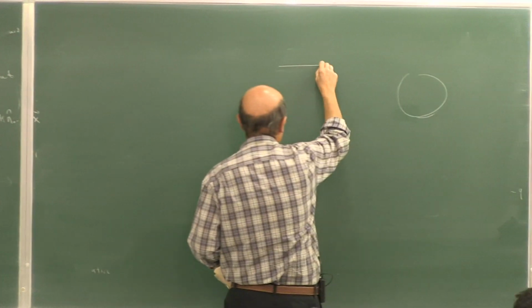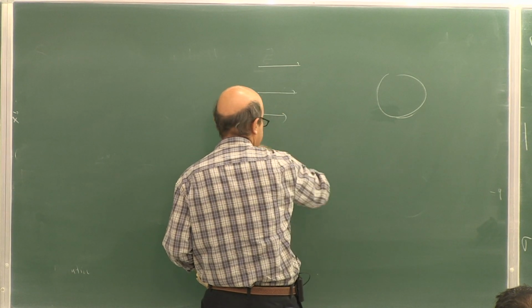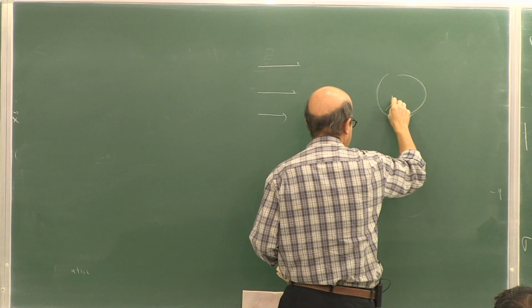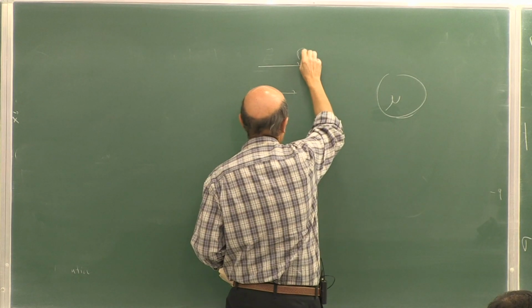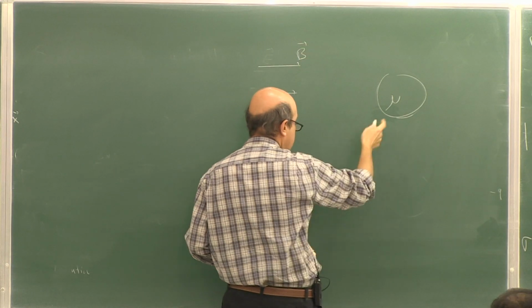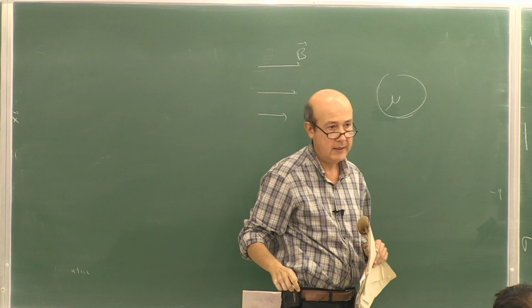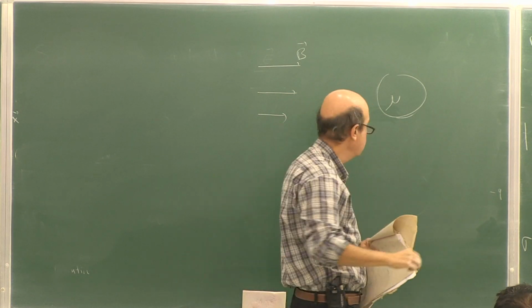You put the sphere, which has magnetic permeability mu, in the external magnetic field, and you calculated the magnetization.